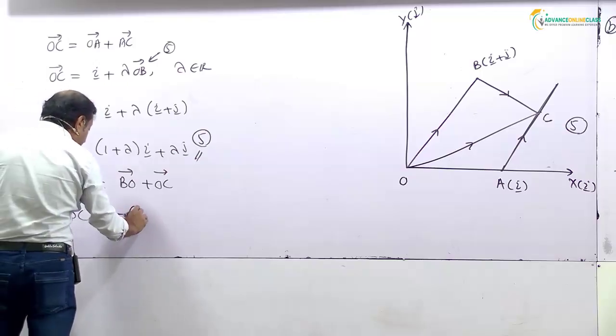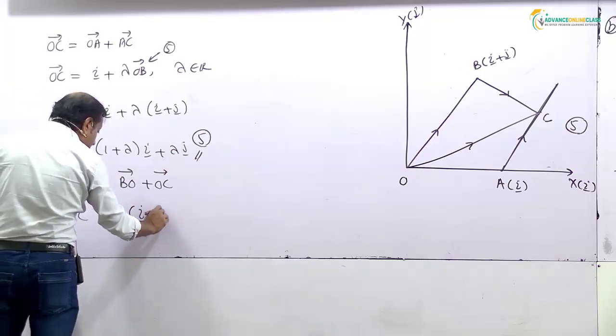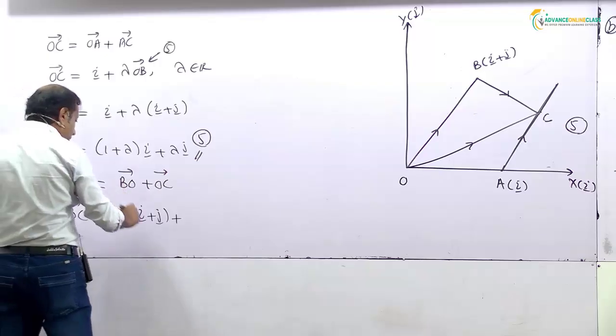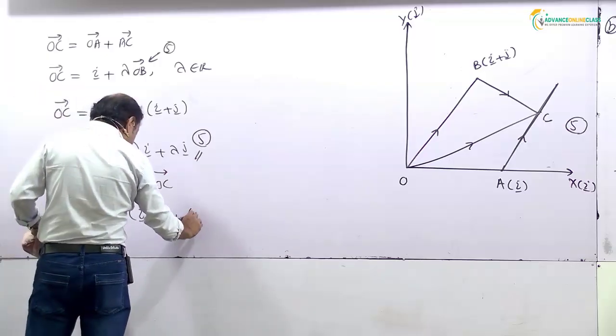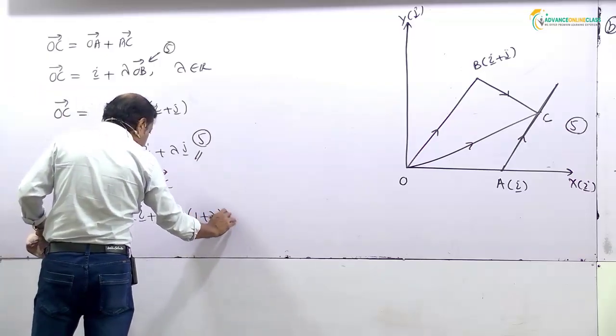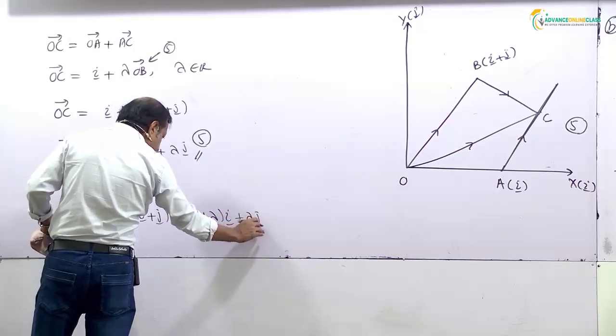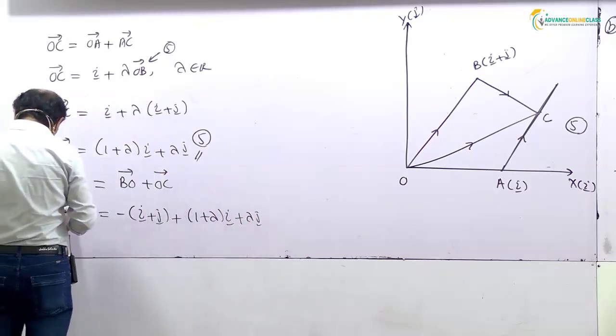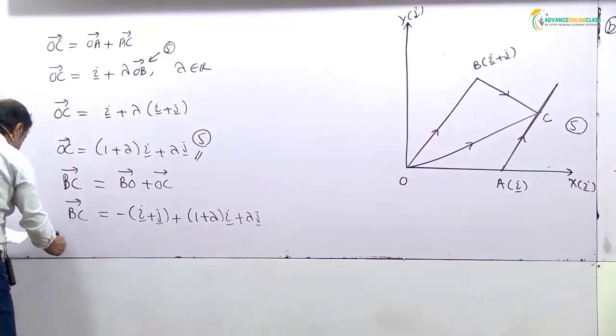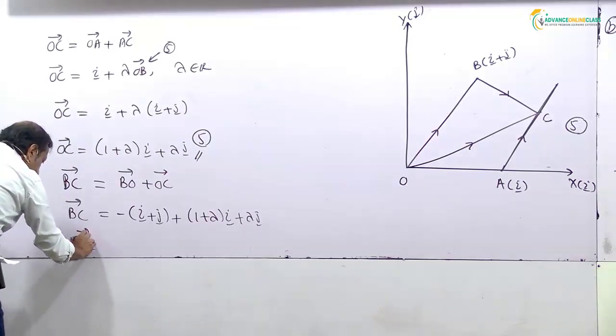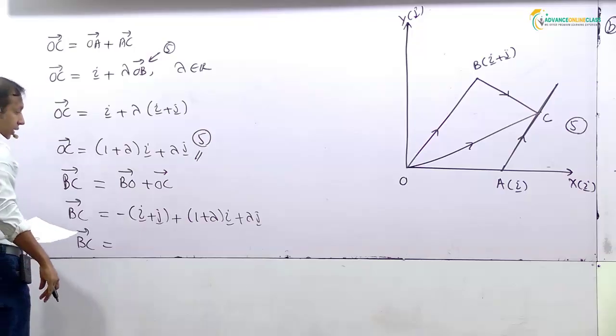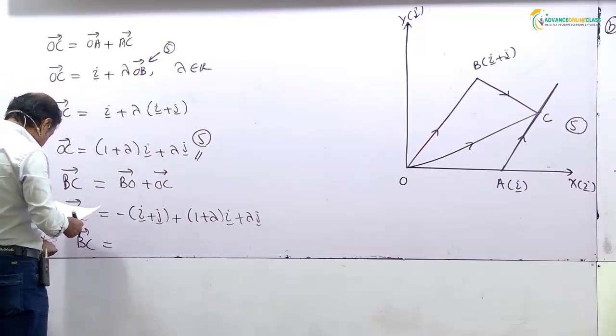BO is minus I plus J. OC vector is 1 plus lambda times I, lambda J. Then BC vector, we can write taking all I vectors together and J vectors separately together.